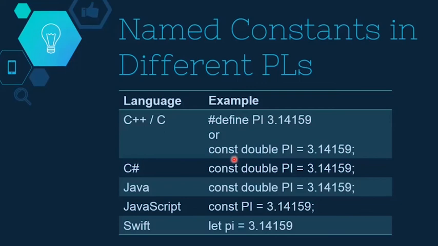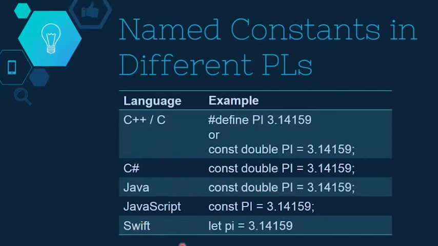Now, the const keyword, as you can see, is used for C++, C, C#, Java, and JavaScript with just little variations among them. Like for JavaScript, there's no need to put the variable type anymore.